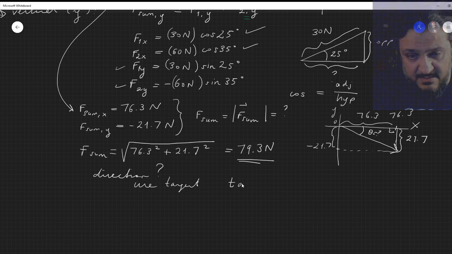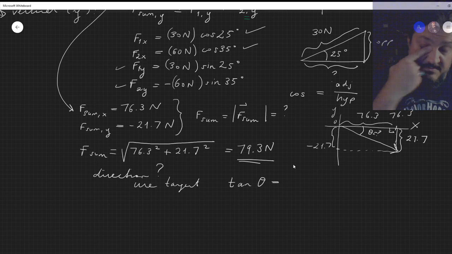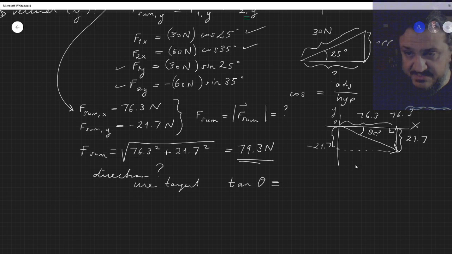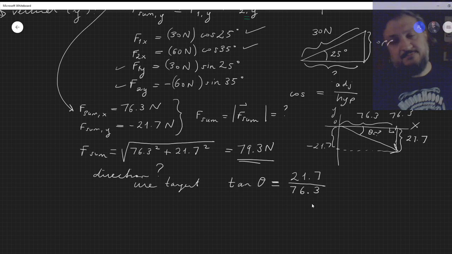So tangent of an angle is equal to the opposite divided by adjacent, right? So tangent theta is equal to opposite, which is 21.7 divided by 76.3.